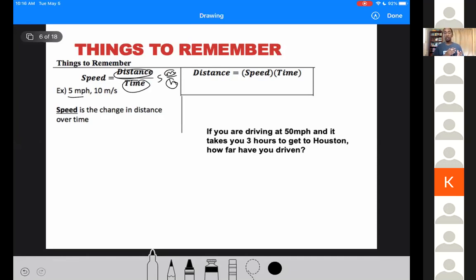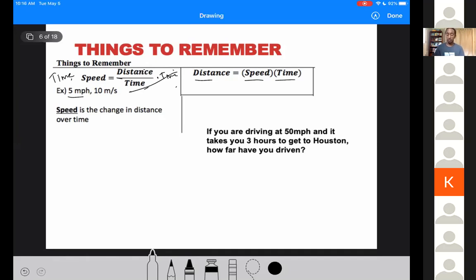When you talk about speed, it's always a distance over time. Speed is a change in distance over time. If you do some simple algebra there, and you multiply by time, then distance equals time times speed. So distance equals speed times time, all right?